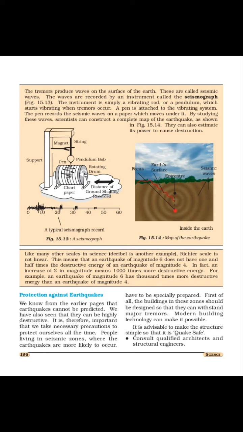Students, in the last period we learned about causes of an earthquake, and in that we learned the outermost layer of the earth is not in one piece, it is fragmented, and these plates are in continual motion. When they brush past one another, or a plate goes under another due to collision, that causes a disturbance in the earth's crust, and this disturbance shows up as an earthquake on the surface of the earth.